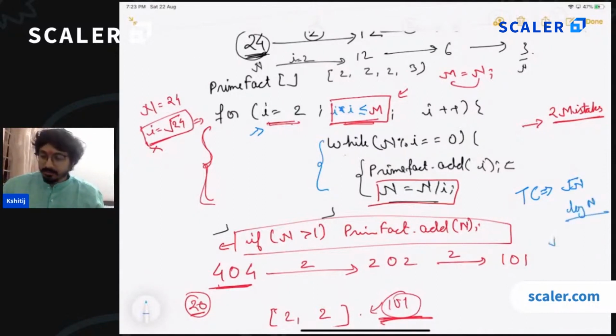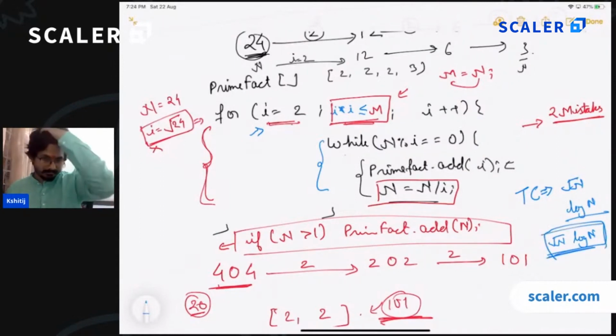Is it going to be root n into log n? No, right? This is wrong. This is not going to be root n multiplied by log n.